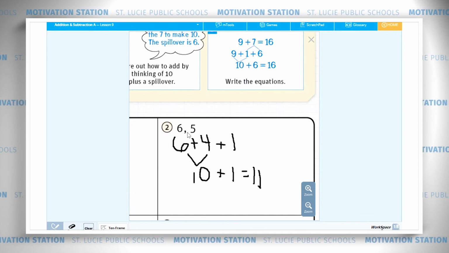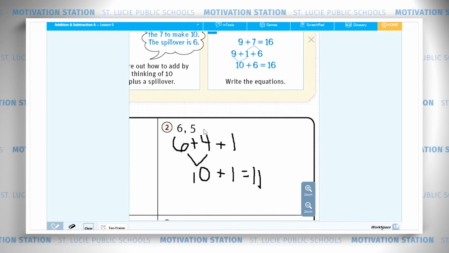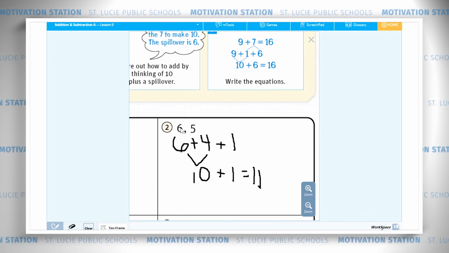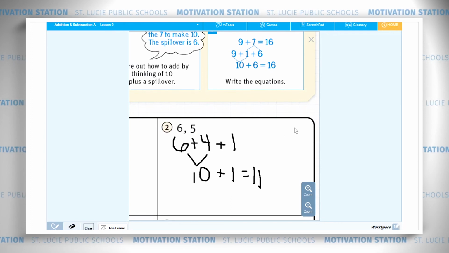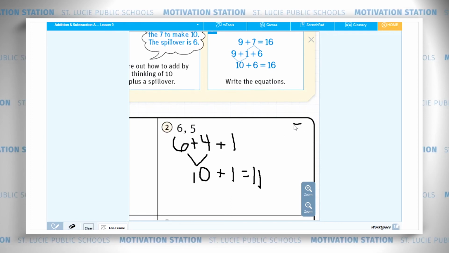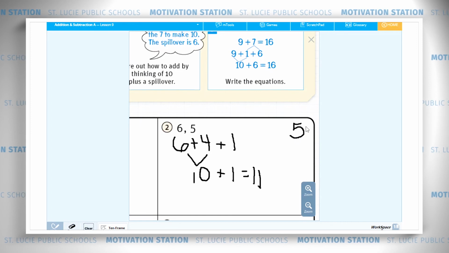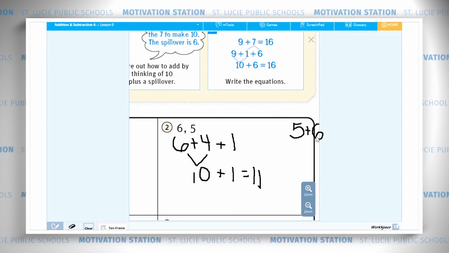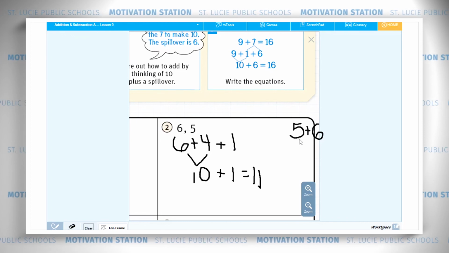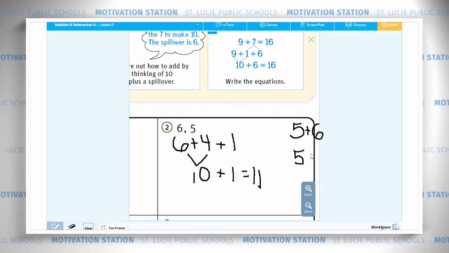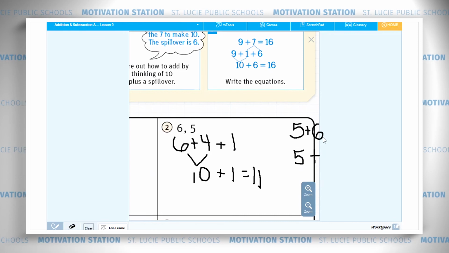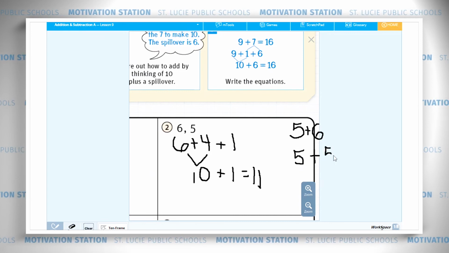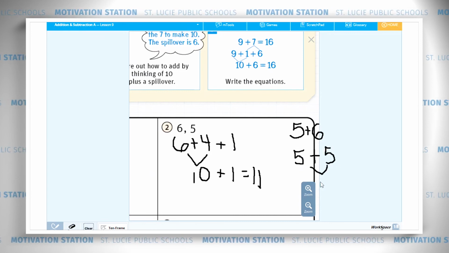All right, boys and girls, what if we decided to flip these add-ins? Instead of doing 6 plus 5, let's do 5 plus 6. We could work this using the same steps. If I have 5, I know that I need 5 more to make 10.